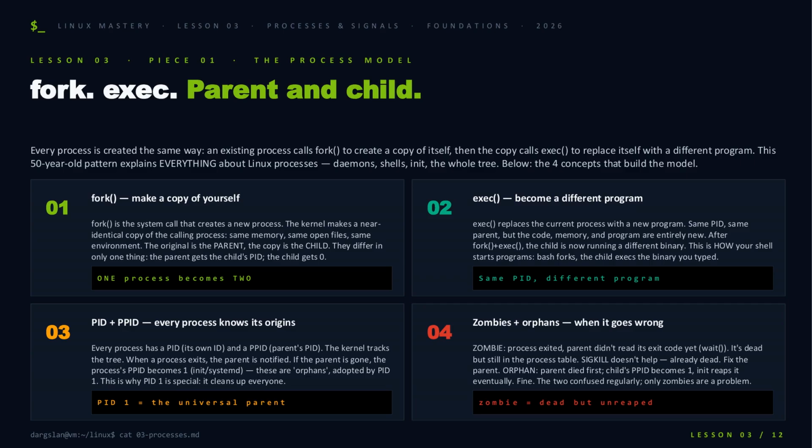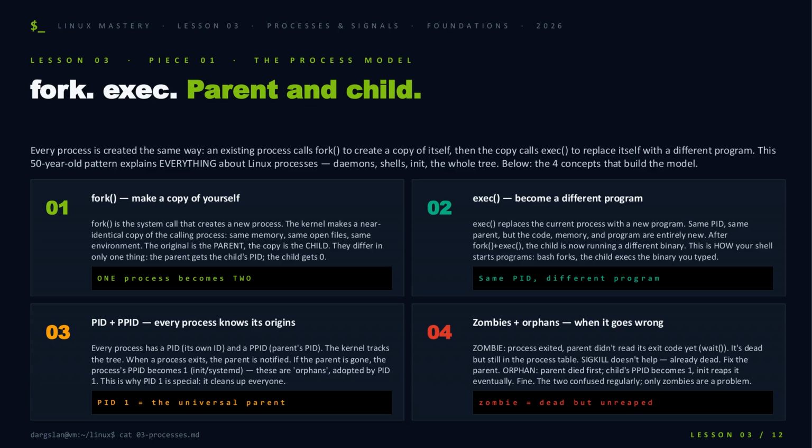Every process on Linux is born the same way. An existing process calls fork to clone itself, and the clone calls exec to become a different program. That's it. A 50-year-old pattern that explains daemons, shells, even init. When you type ls in bash, bash forks a near-identical copy of itself, and that child immediately execs into the ls binary.